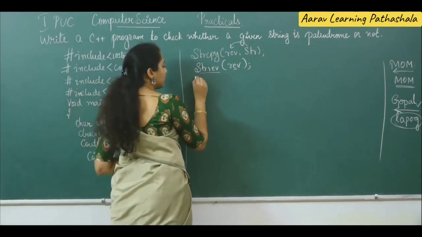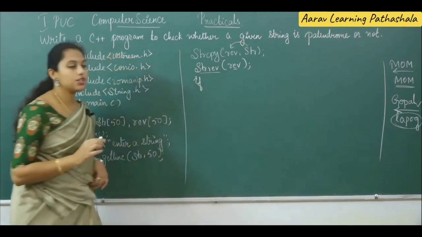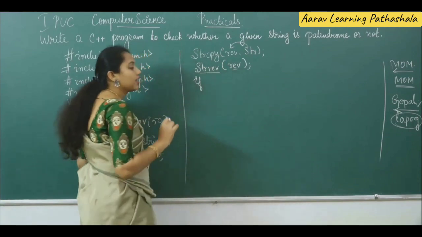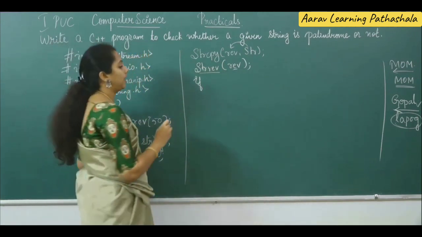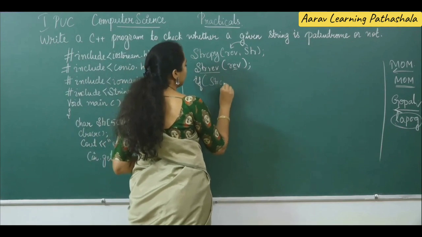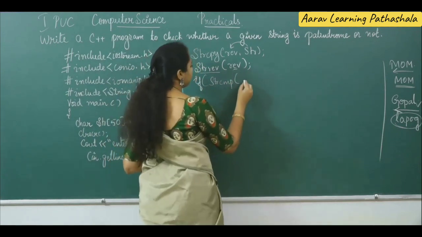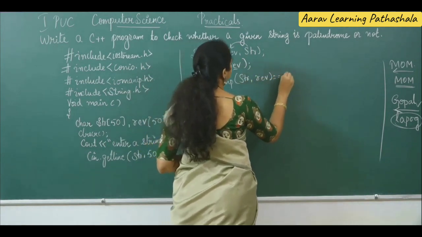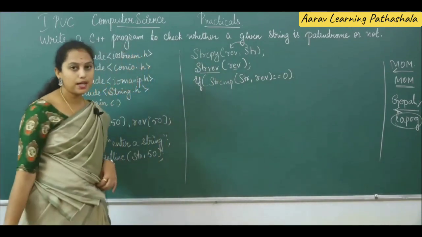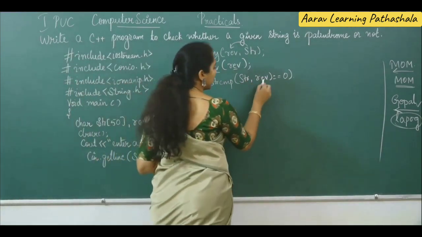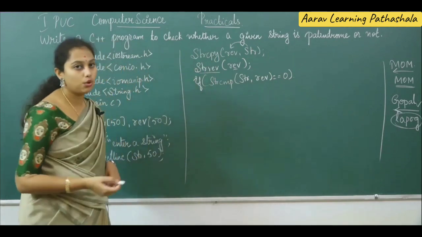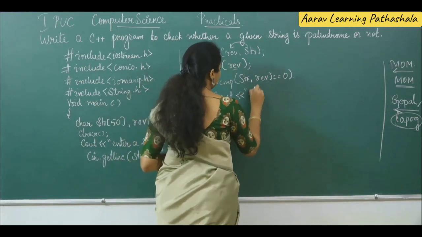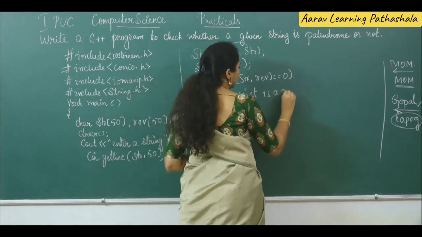Next, we are going to compare the contents of the string variable as well as the reverse variable using the function called string compare. Reverse is equal to 0. While comparing, if both the contents are the same, then it is equal to 0. If it is equal to 0, we print with cout, it is a palindrome.